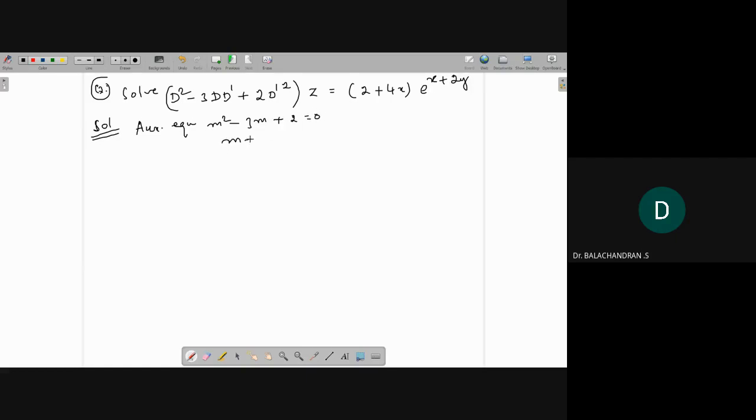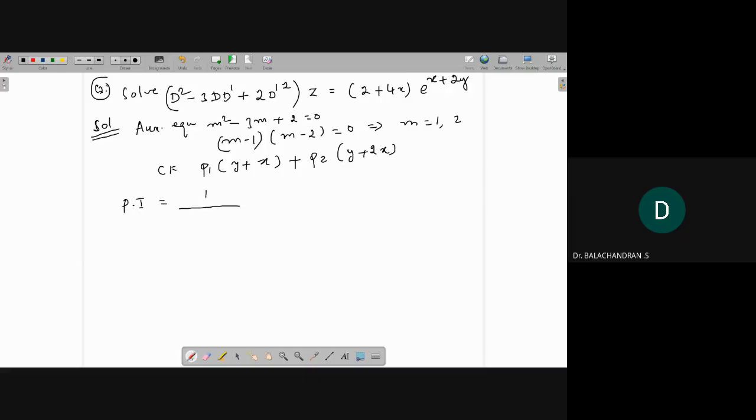So m minus 1 into m minus 2 equal to 0. This implies m equal to 1 and 2. The roots are distinct and hence the complementary function is phi 1 of y plus x and phi 2 of y plus 2x.